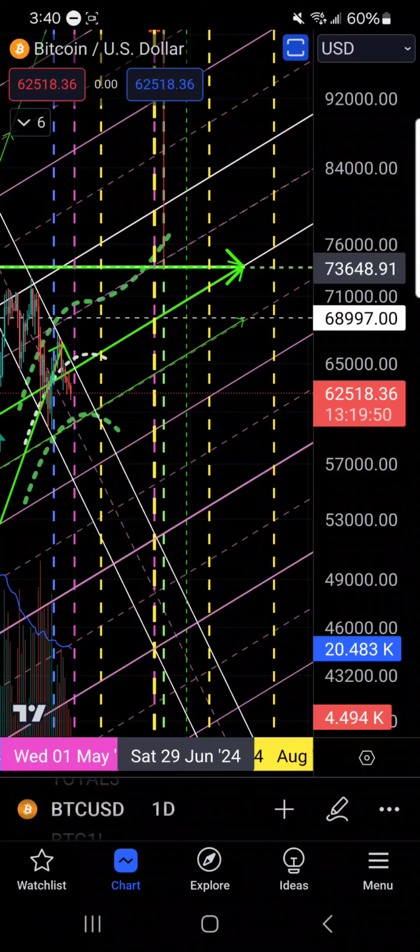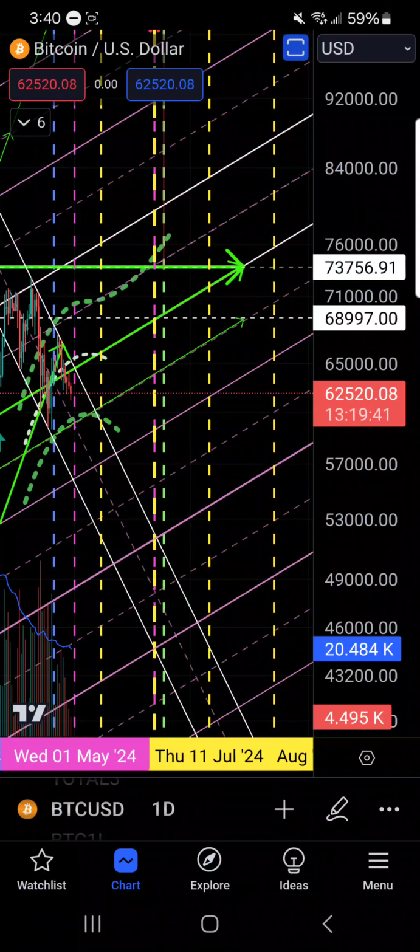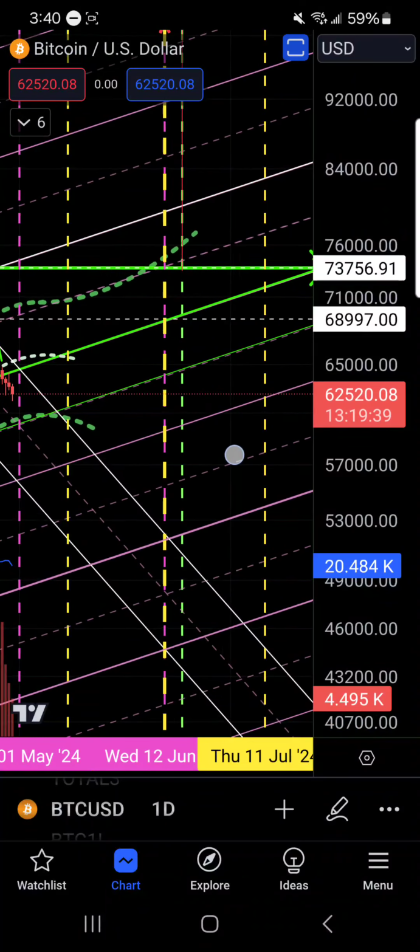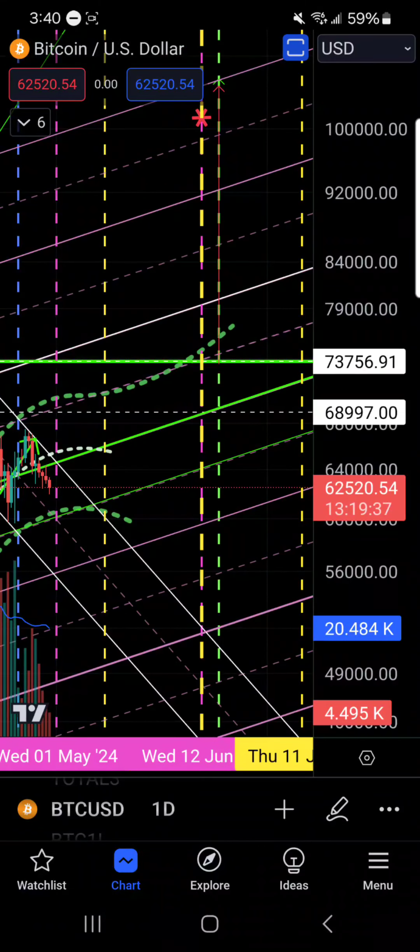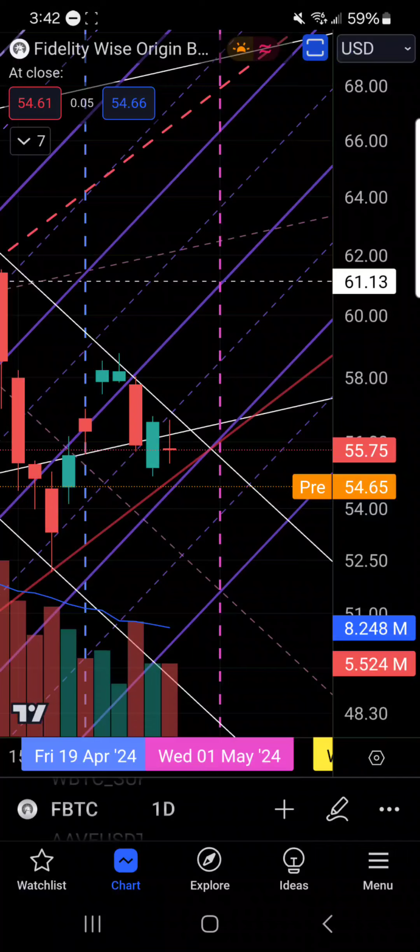That is my name. Anyway, let me switch to FBTC because I want to do a little experiment today to see if these lines really mean anything and if I'm just crazy. So looking here now on the FBTC chart, that has just as many lines.